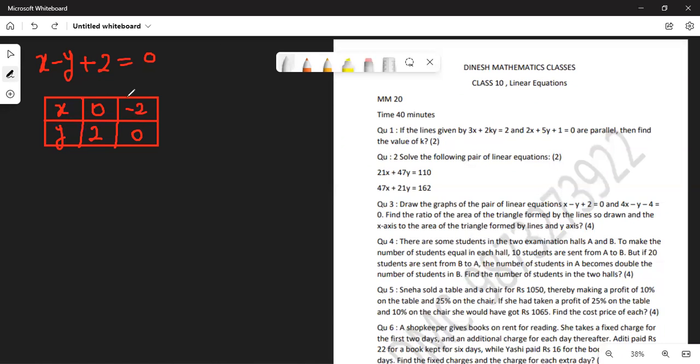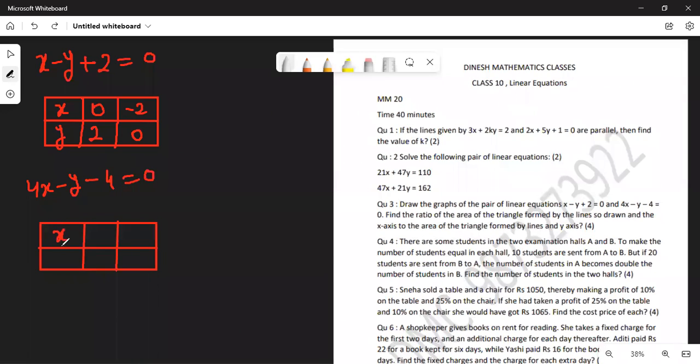Okay. So this is the first equation, and the second equation is given, 4x minus y minus 4 is equal to 0. We need to draw the table for this equation as well. So we will have x and y values, at least two values we want to write.